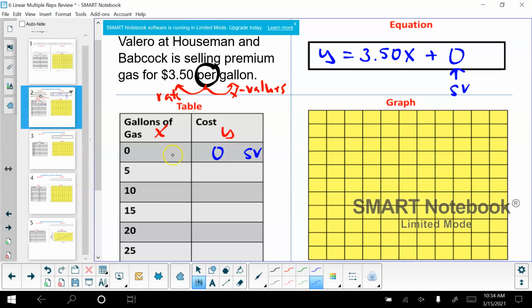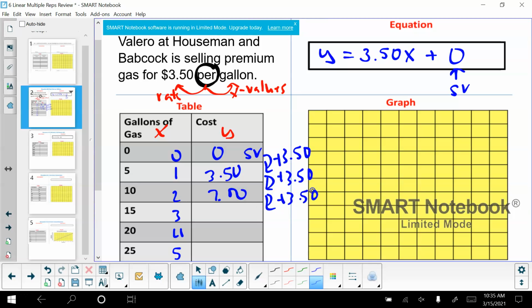If it went like 0, 1, 2, 3, 4, 5, then I could go up by 3.50 every time. So I could do 3.50, and then I could increase by 3.50 again, that would be 7. And then I could increase by 3.50 again, that would be 10.50. So the rate does increase by 3.50 every time.